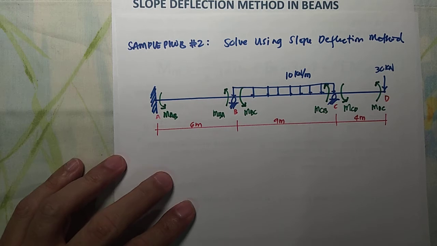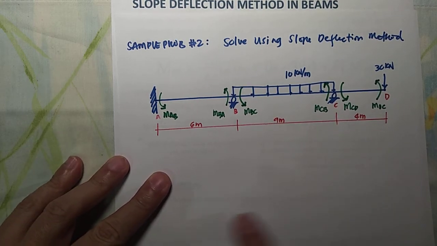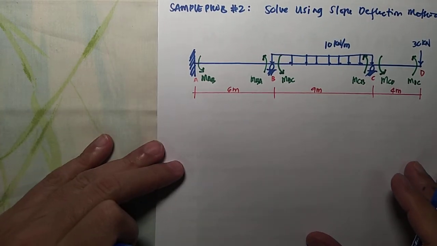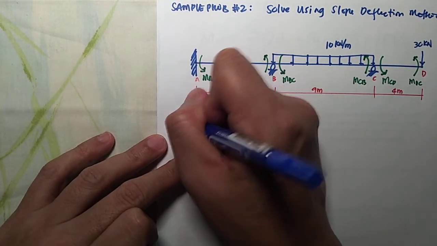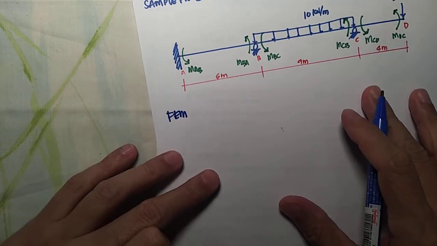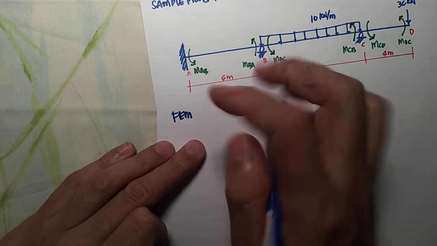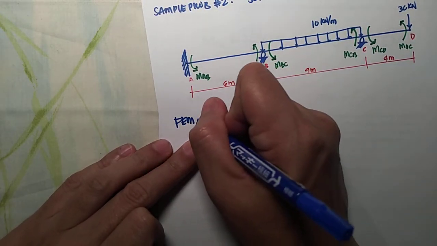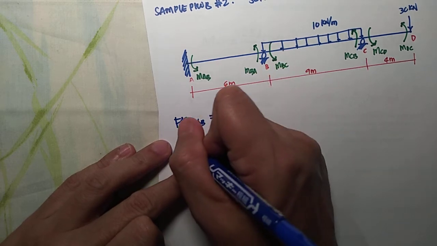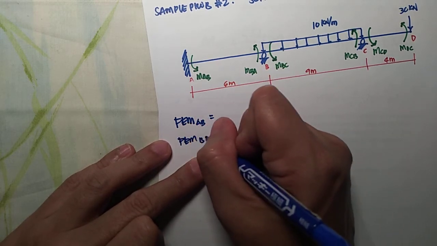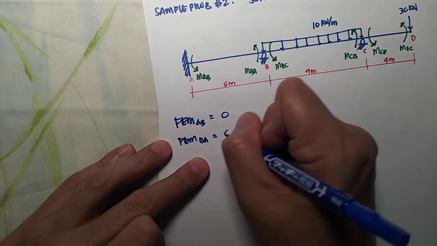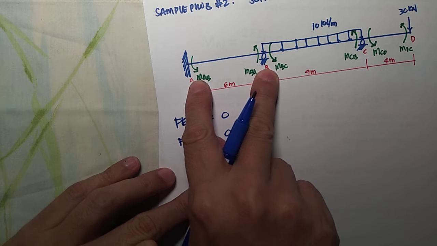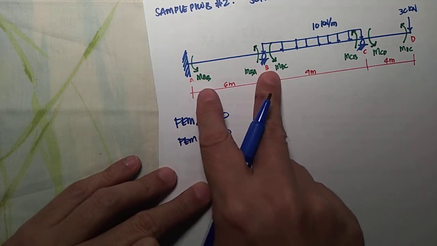Okay. The second step is to calculate the fixed end moment. So for AB and BA, the fixed end moments are both 0 because there's no load within segment AB.